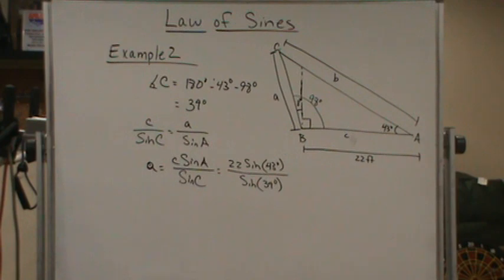And so now, again, we're going to have to use your calculator. So I'm going to do 22 times sine of 43 divided by sine of 39 equals 23.84.